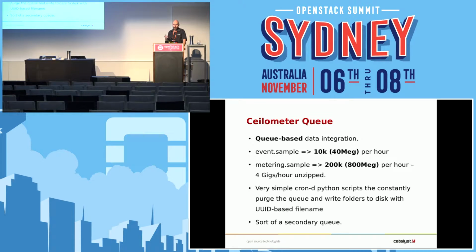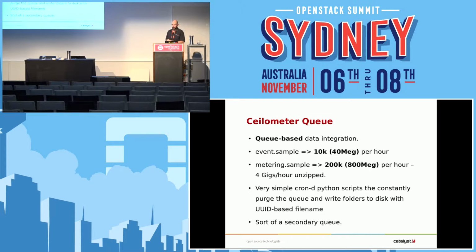Event sample had audit messages, essentially about a compute node running within a 1-hour period, which we take, and we throw away the rest of it. There were 10,000 messages an hour from event sample, about 40 megs worth compressed, because we compress it in GZip, big piles of JSON essentially. Ceilometer puts on a piece of JSON which has a payload of information in it, and that goes onto a queue and we just pull it off.